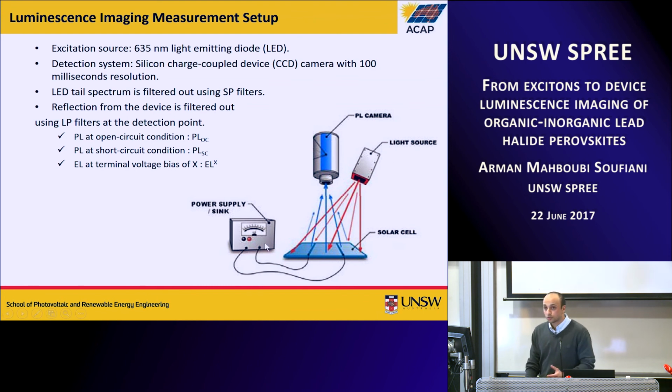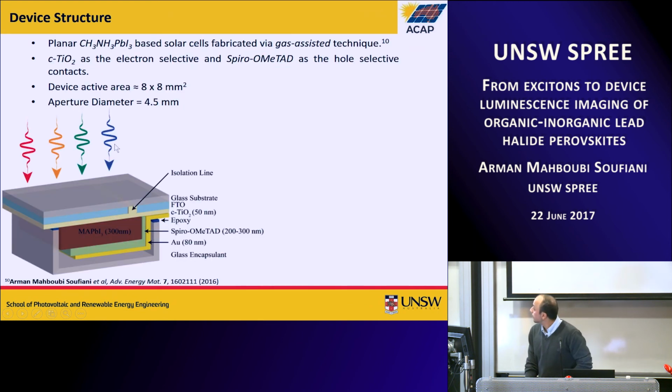If you want to do electroluminescence imaging, we just bias the device, and then the injected carriers recombine, and we detect the photons. The different imaging measurements that I'm going to present are PL at open circuit condition, PL at short circuit, and EL at different terminal biases.